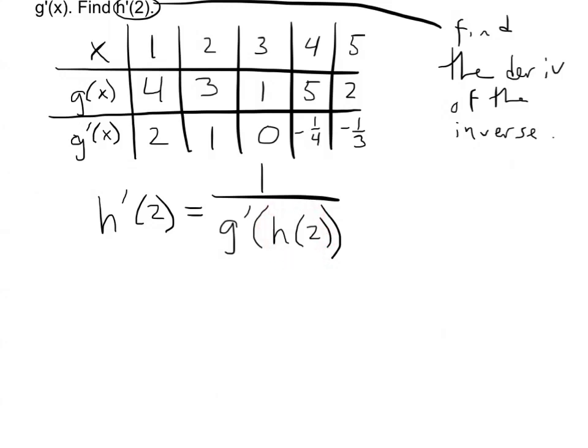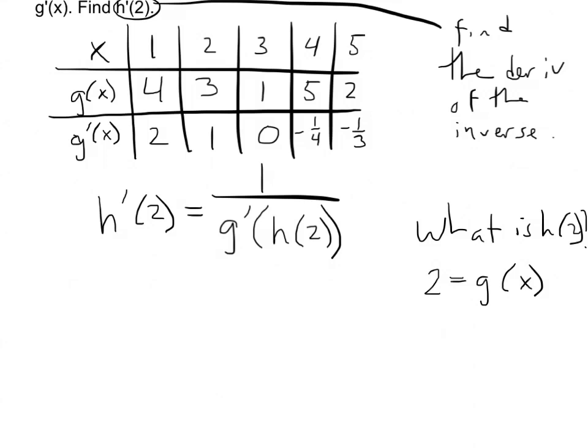What is h of 2? Ran out of space there, but there we go. Well, what is h of 2? H of 2 is effectively saying when is 2 equal to the original function. Right? When is 2 g of x? And hopefully we can see that fairly clearly.